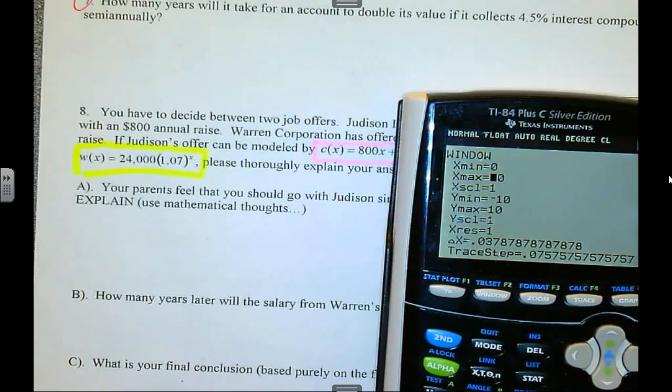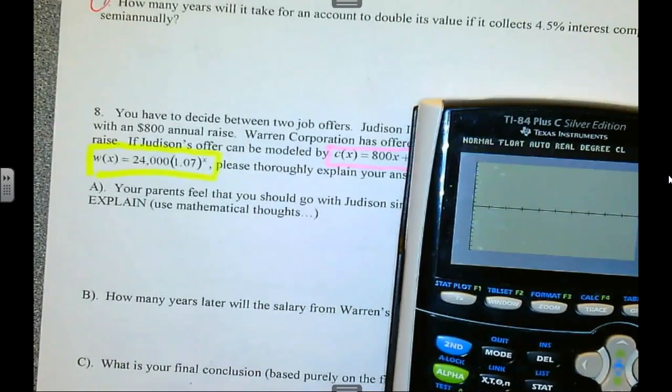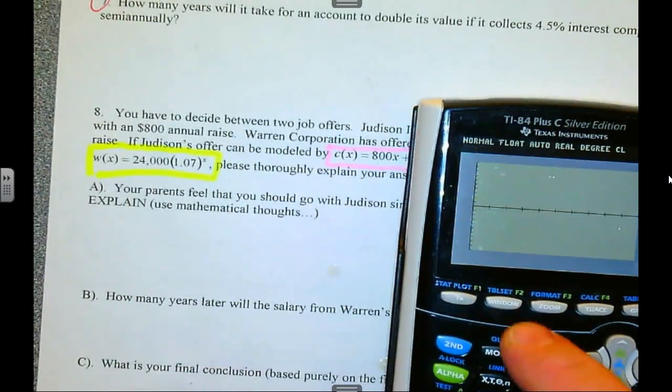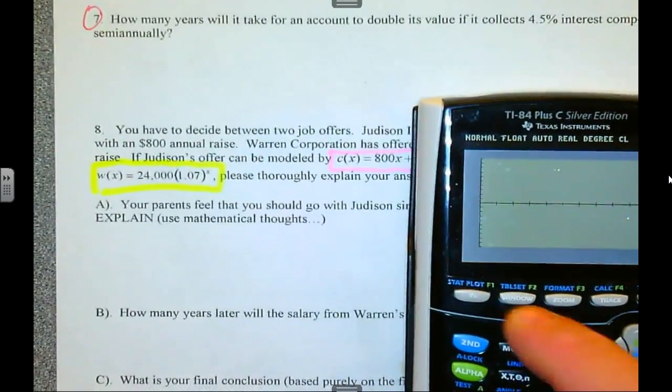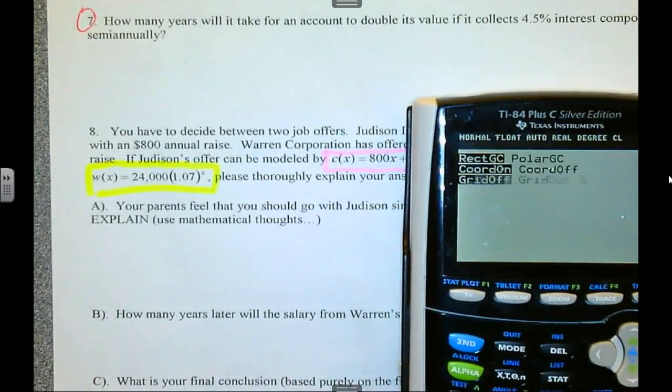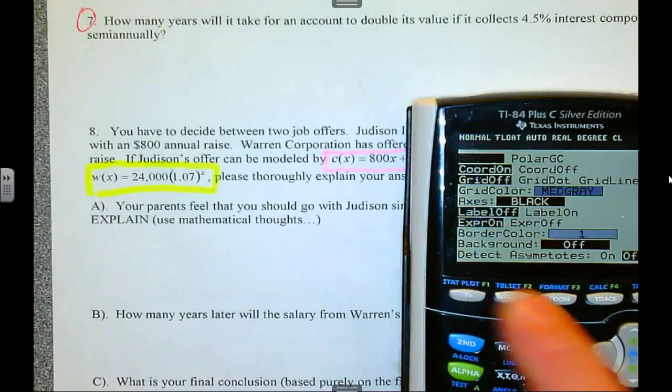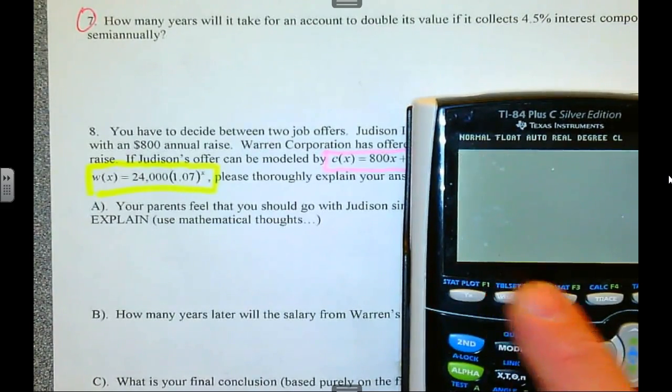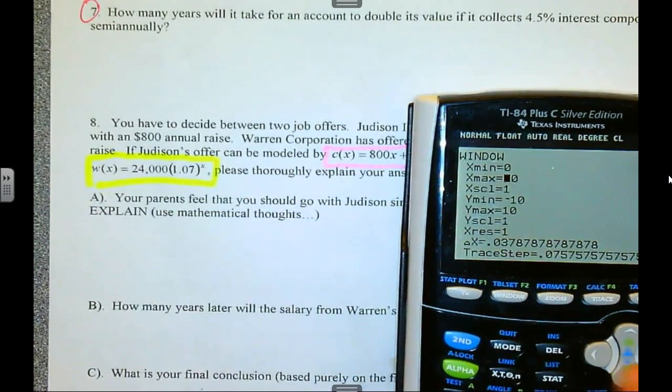What's my x max? I don't know. Let's see what's happening right now. Still don't get anything. I'm going to increase my x. Oops, wrong button. Let's see. I don't know. 50 grand?